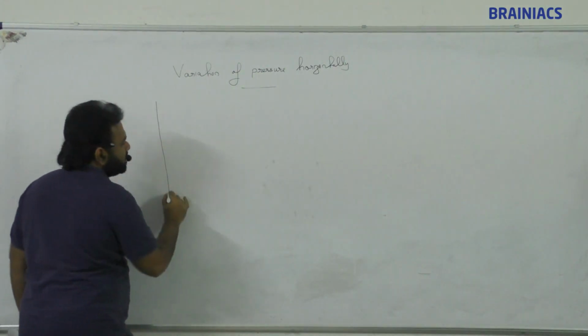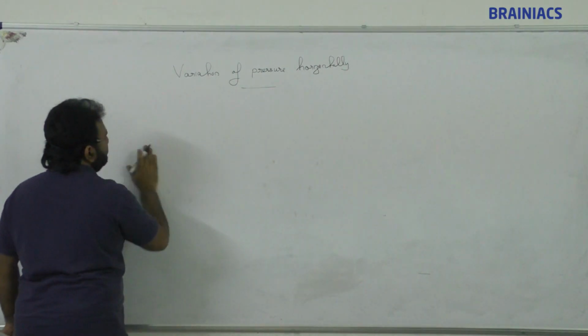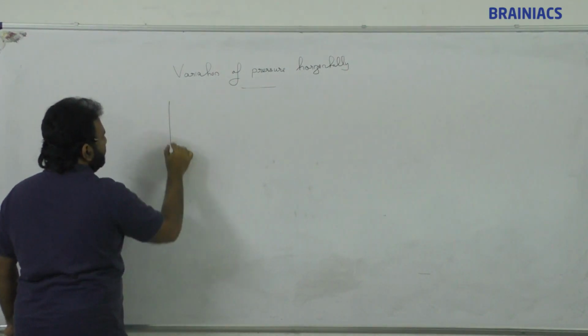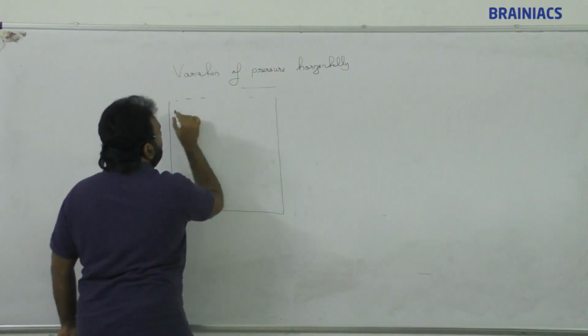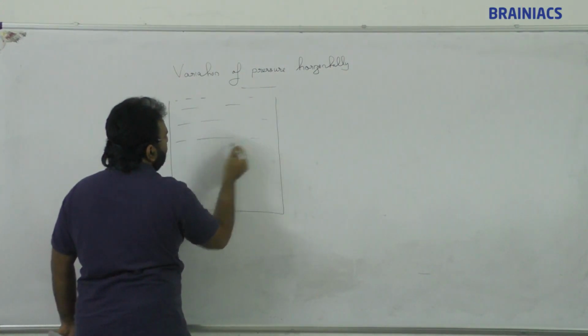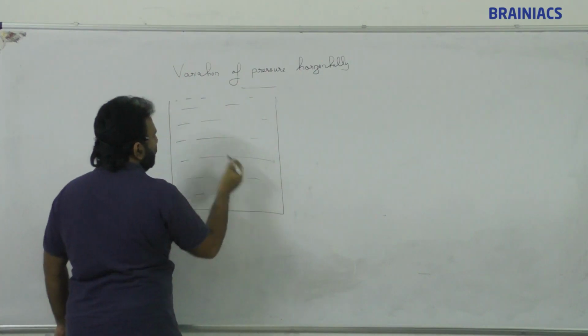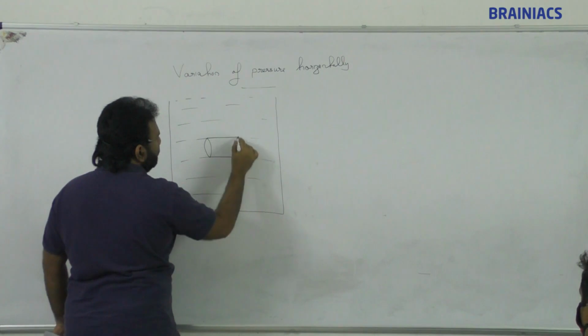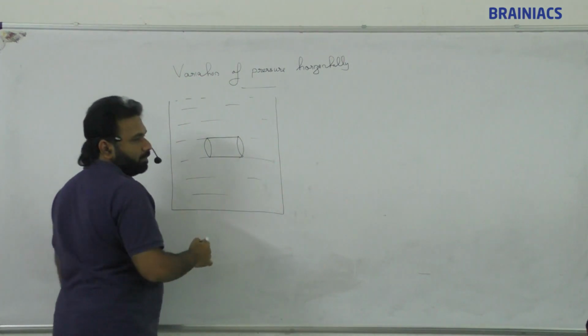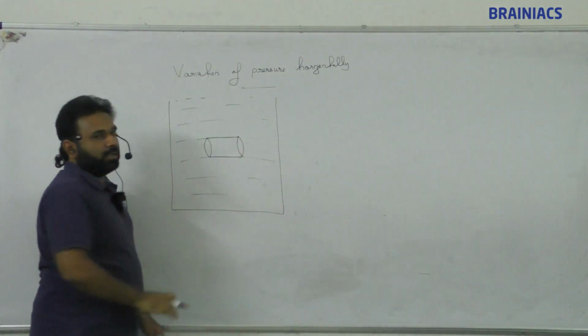Suppose you consider a beaker like this. If you consider a liquid column, will there be any pressure difference?